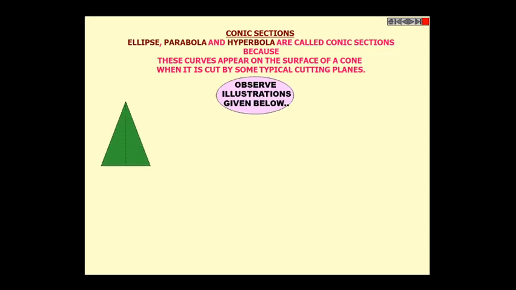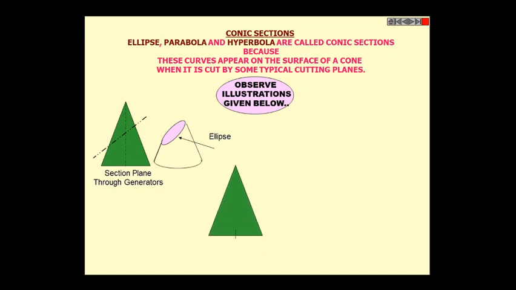First, this is our conical section, that is our cone. If we cut our cone diagonally, then this section will generate the first type, that is ellipse. Then the same cone will be cut through this angular section, that is, the angle is parallel to the generator.